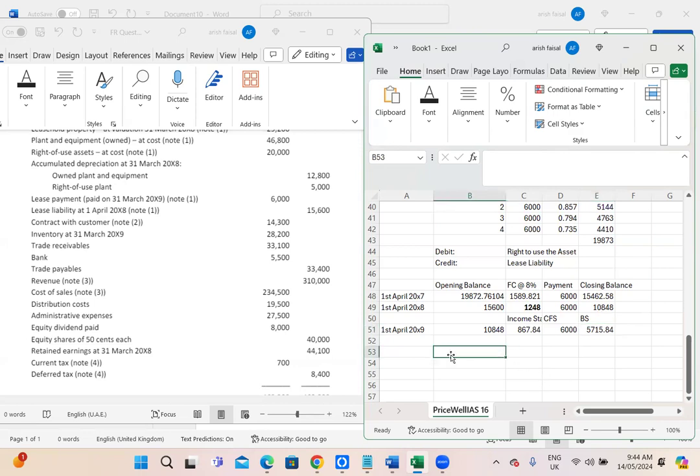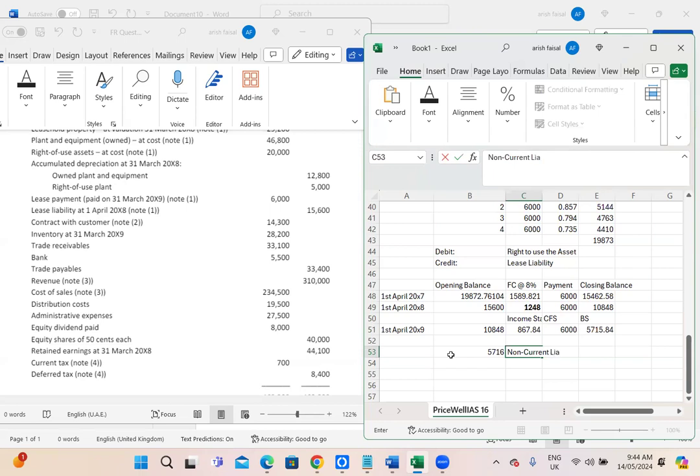So non-current is 5716, I would say. Okay. This is non-current. So you just need to calculate the liability which is still remaining after 1 year from your reporting date, and that will become non-current for you in this period.